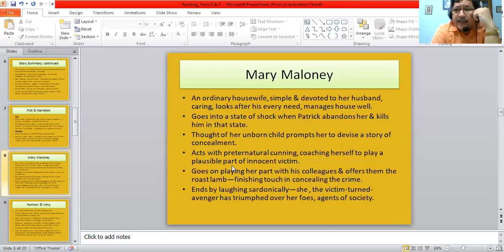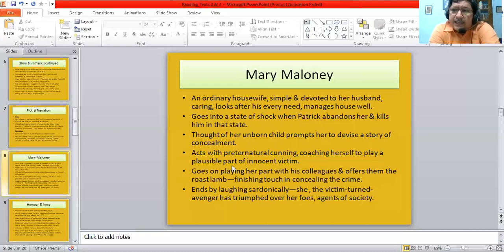She is also a very caring wife, till the moment that her husband actually ditches her, or rather, behaves in a blackguardly way with her. Till that point, she is a very caring wife. She's a very loving wife.